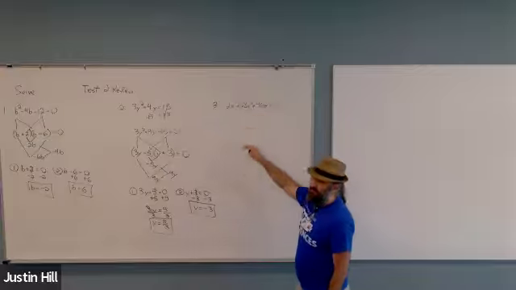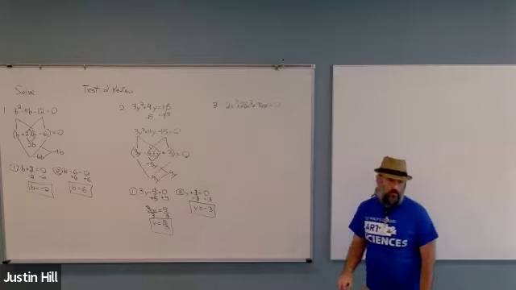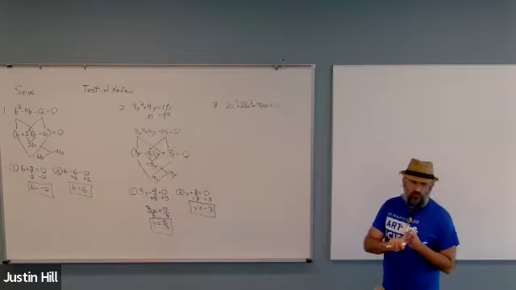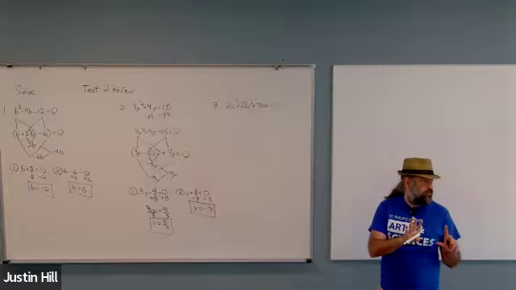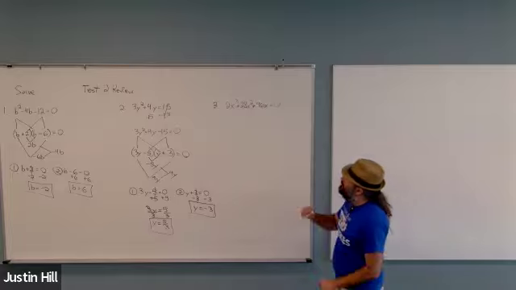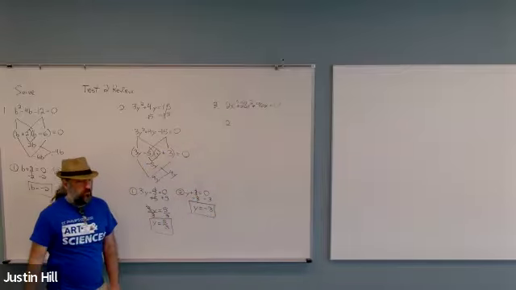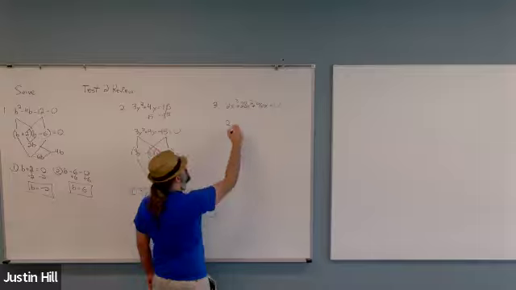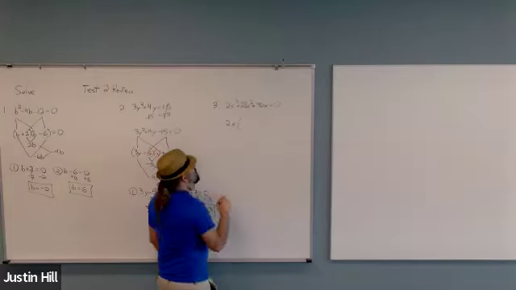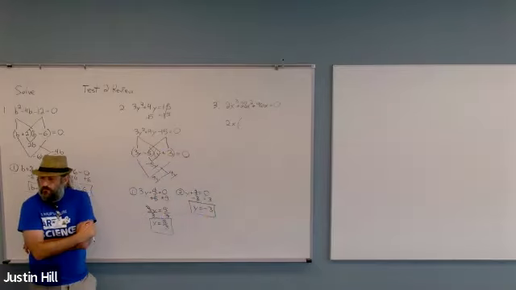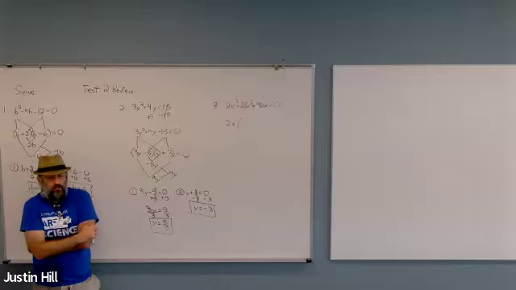All right. There's a common factor of 2. What else do they have in common? X. So we factor out 2x. And what does that leave us with?